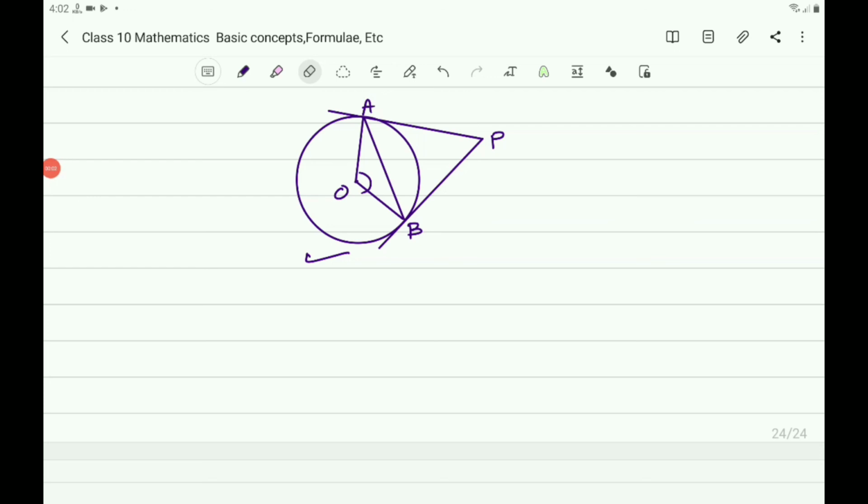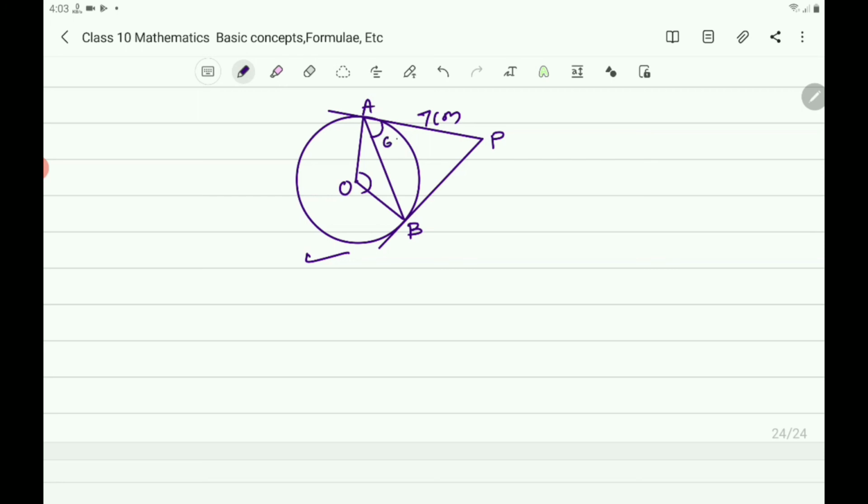So come to one more situation. See the figure here. This is a circle with center O. AP and BP are the tangents from the external point P. And they will give the length of the tangent. Consider here this is 7 cm. And they will give the measurement of this angle.